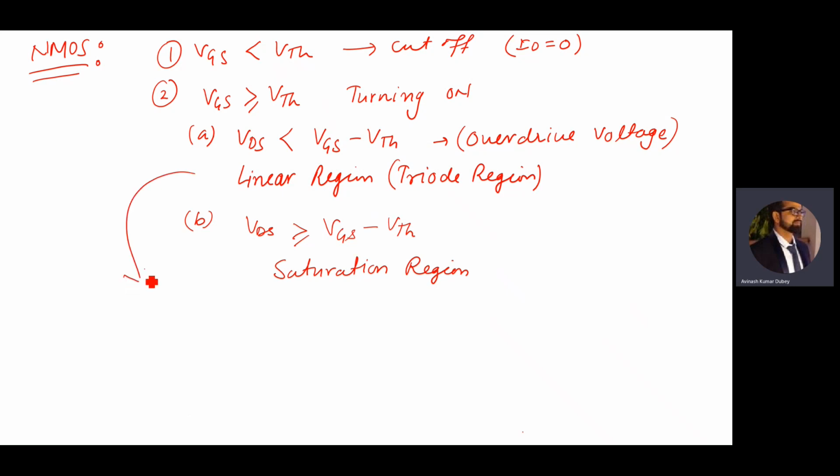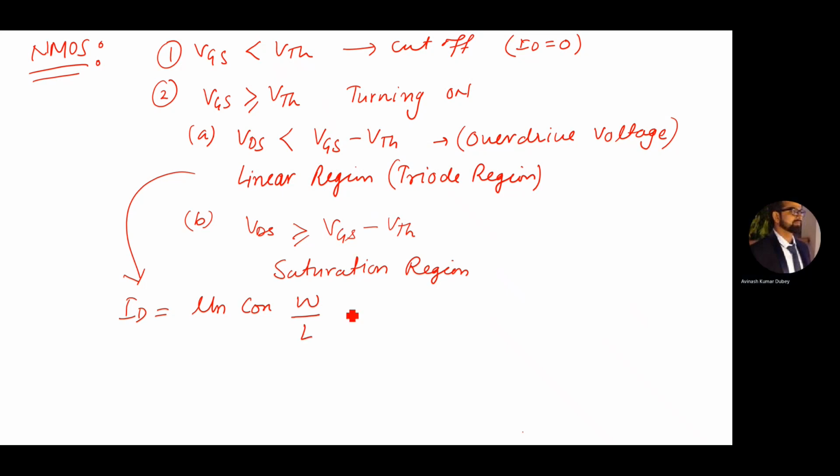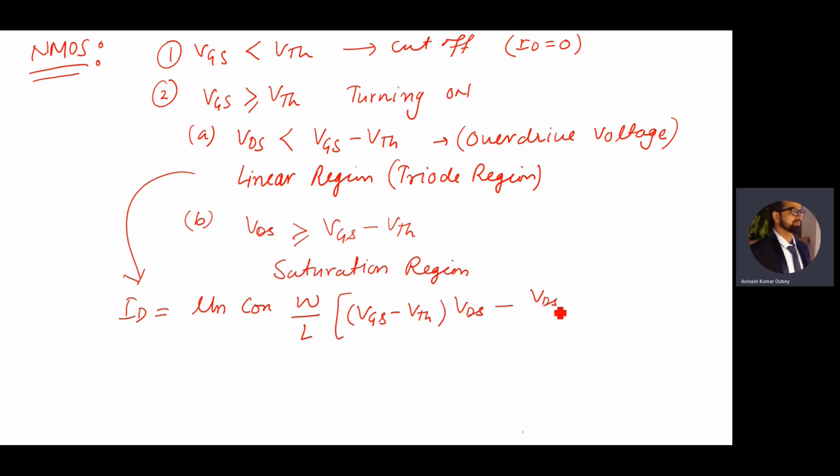In the linear region, ID is equal to mu1 COX W by L, VGS minus VTH, into VDS minus VDS square by 2.